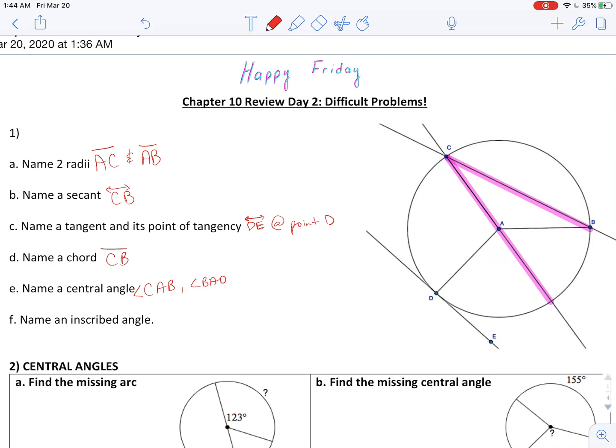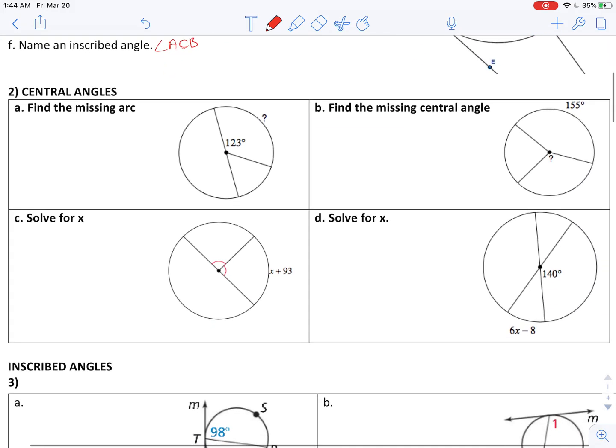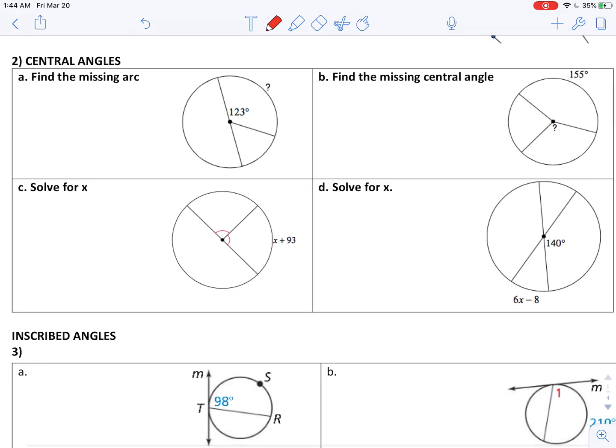So here's an inscribed angle. If you want to call it like ACB, why is it doing that? ACB, that would work. So you got to keep your vocab fresh in your mind here.